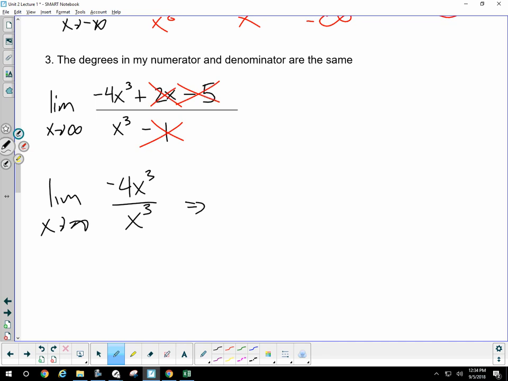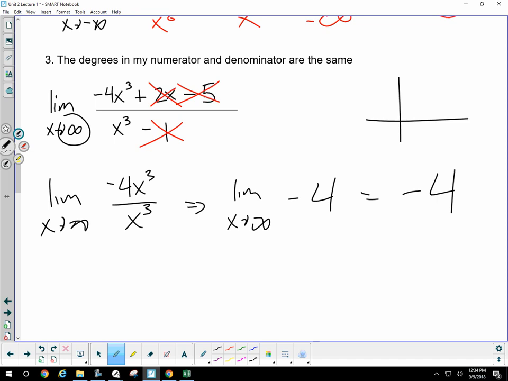And when you simplify this, the answer is revealed. -4. Now we have a horizontal asymptote other than at 0. This is at -4. Here, if I'm looking to the right, my function's approaching -4. So my end behavior is like that. How are we getting to it? I don't know. Don't worry about it.